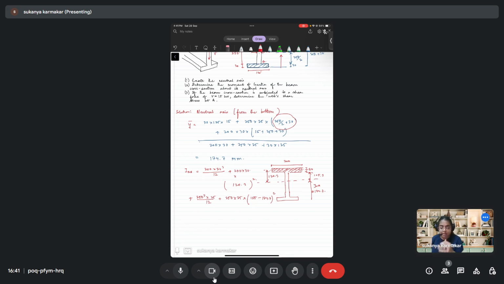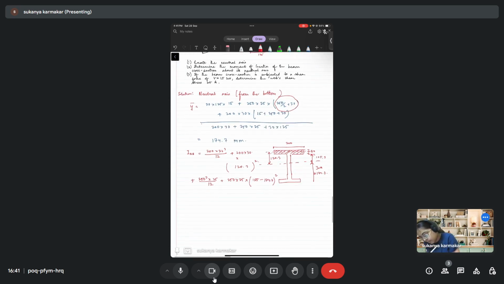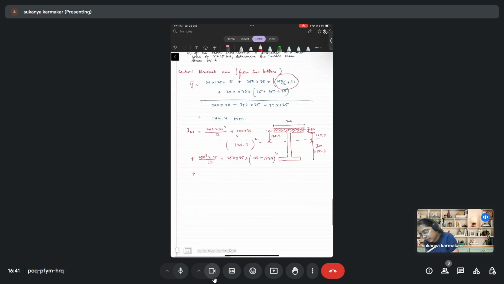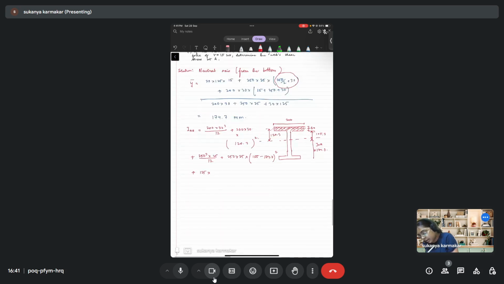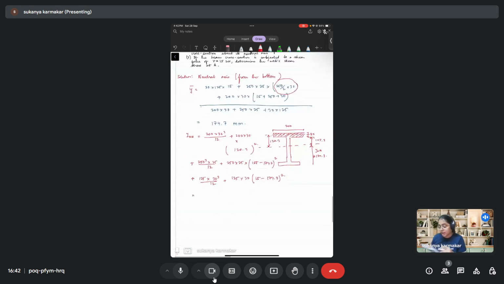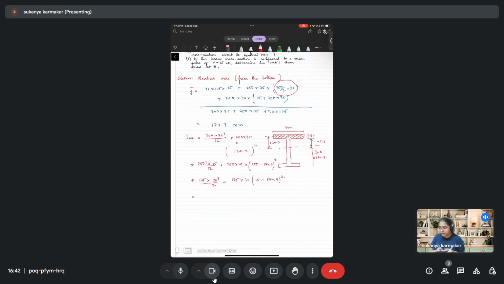So that distance, that is the amount by which you have to shift, plus the lower flange, the dimensions being 125 and the width being 30. So 30 cube by 12. So 125 into 30 into centroidal distance is at a distance of 15 minus 174.7 from the same logic. So if you calculate this, I'll just calculate this.